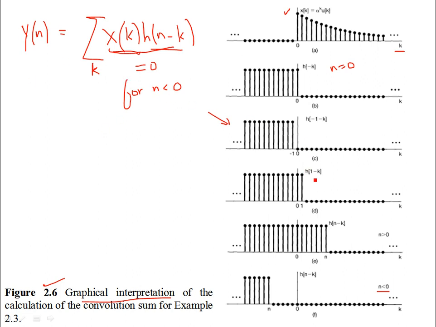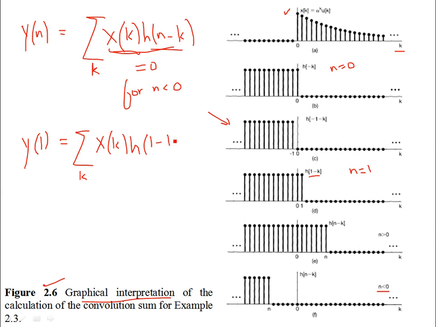Now, where do we have the overlap? For example, let's consider this. This is for n equal to 1, and you see that there is an overlap. If you want to do this analytically by hand, then y[1] is my summation, the convolution over k, x[k] h[1-k].